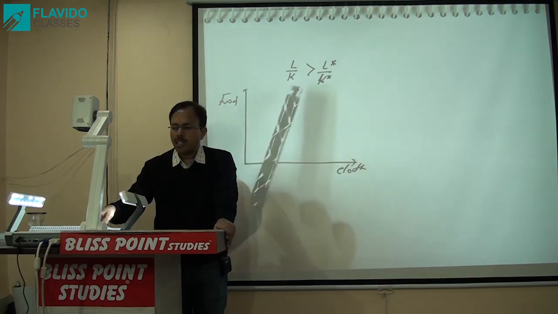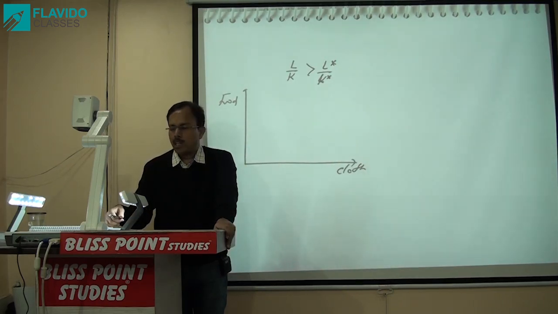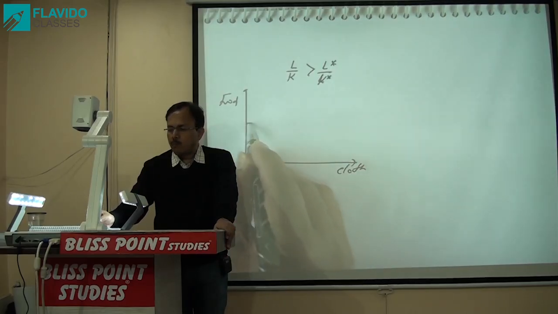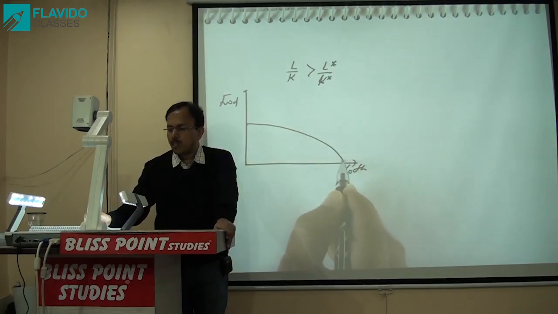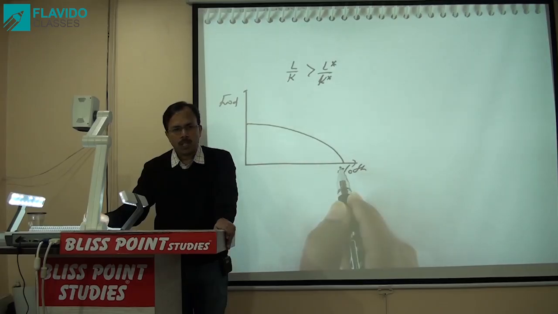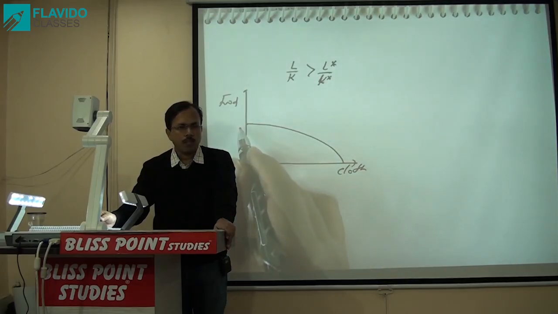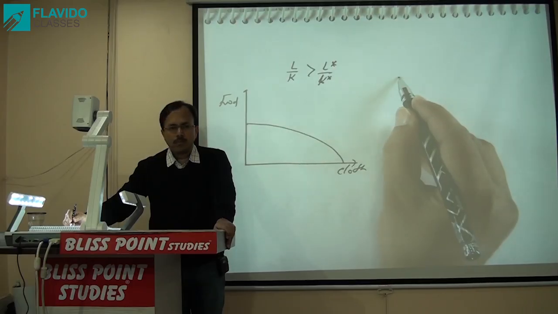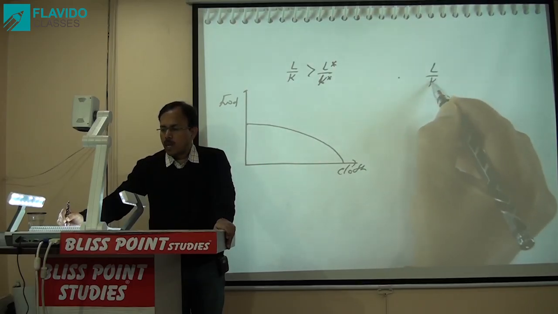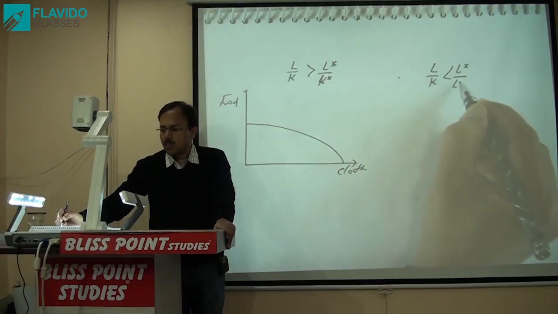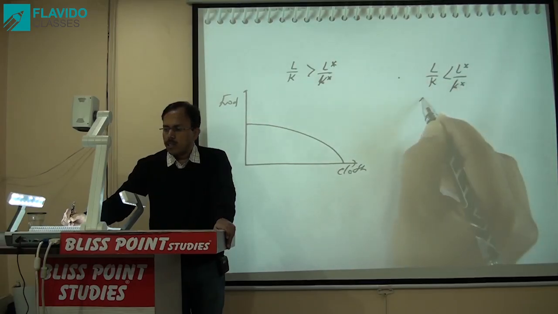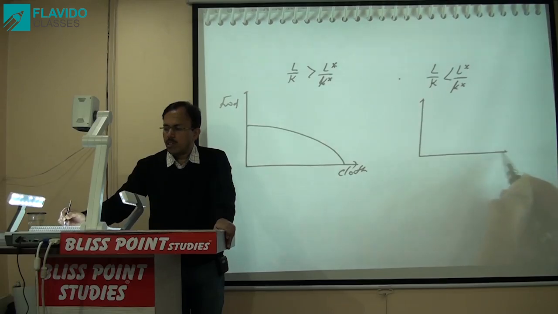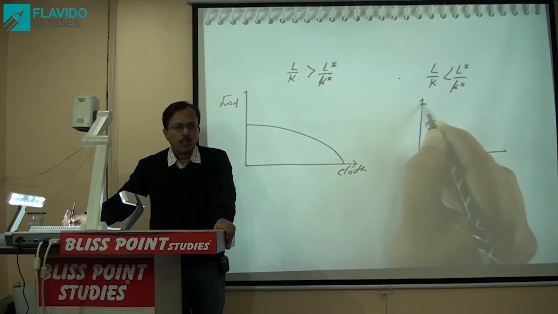In the home country, which factor is more? Labor. And cloth is labor intensive. Yes, so it will be shifted more towards cloth. The intercept of cloth will be more, the intercept of food will be less. And in the opposite case, if the labor capital ratio is less as compared to this, then it will be more towards the y-axis.